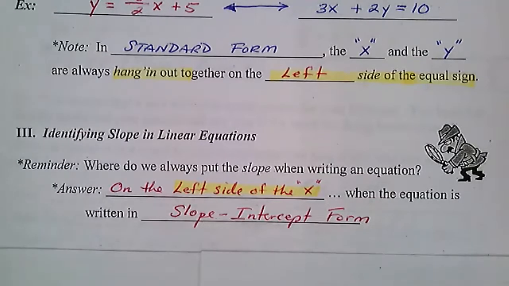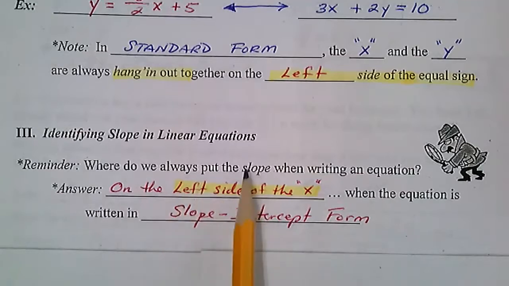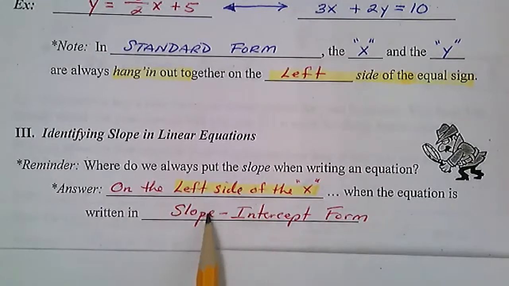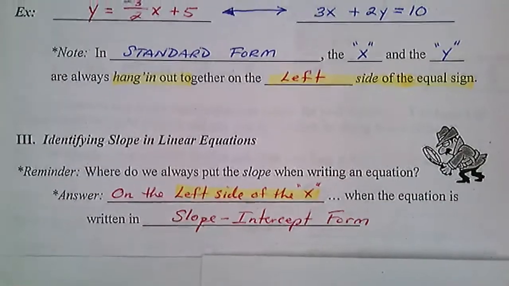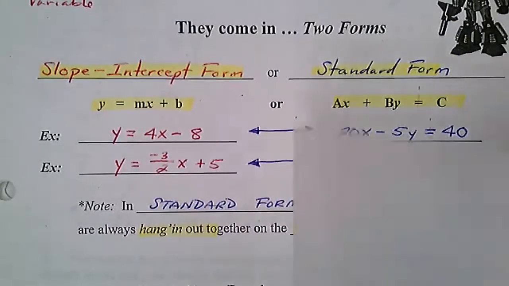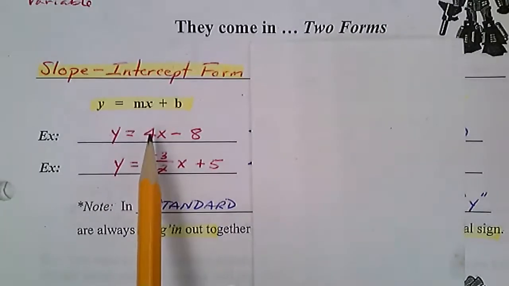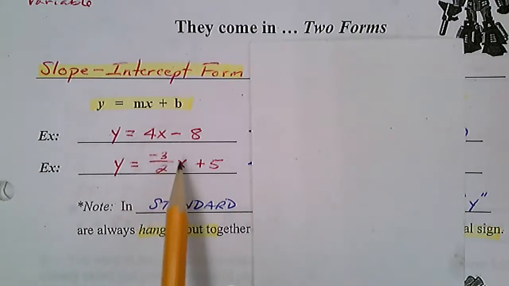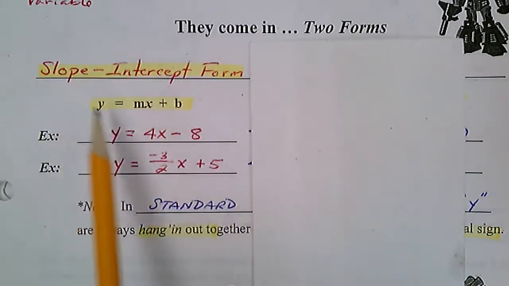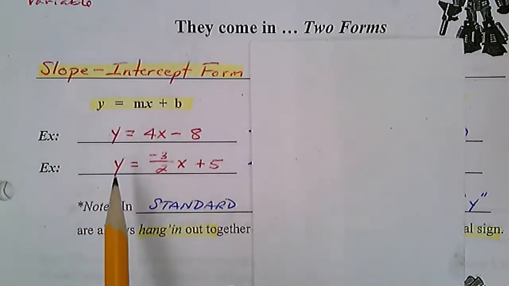Okay, so we're going to look at some examples, but let me just make sure I clarify that. The slope is in slope-intercept form, so we can find the slope next to the x. So if I come over here, this side is slope-intercept form. So there's our slope, next to the x. But that's only true when we write the equation in slope-intercept form.